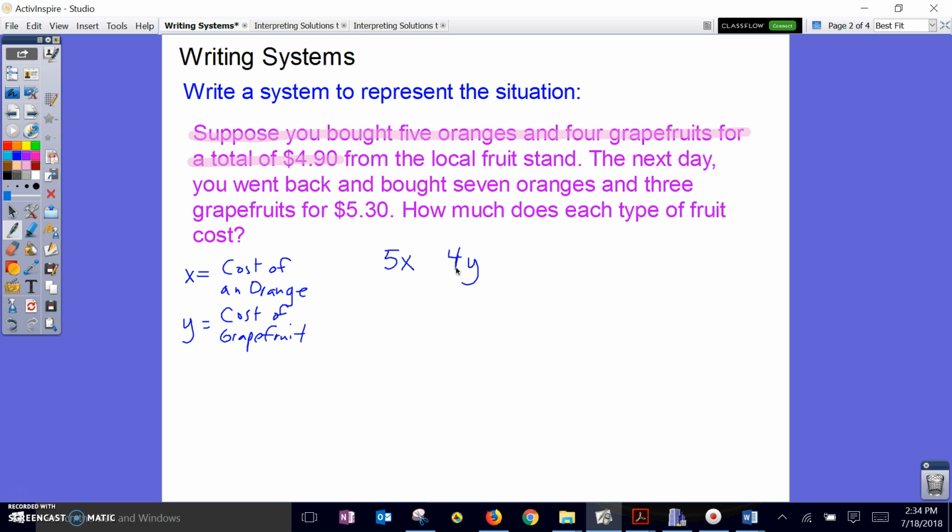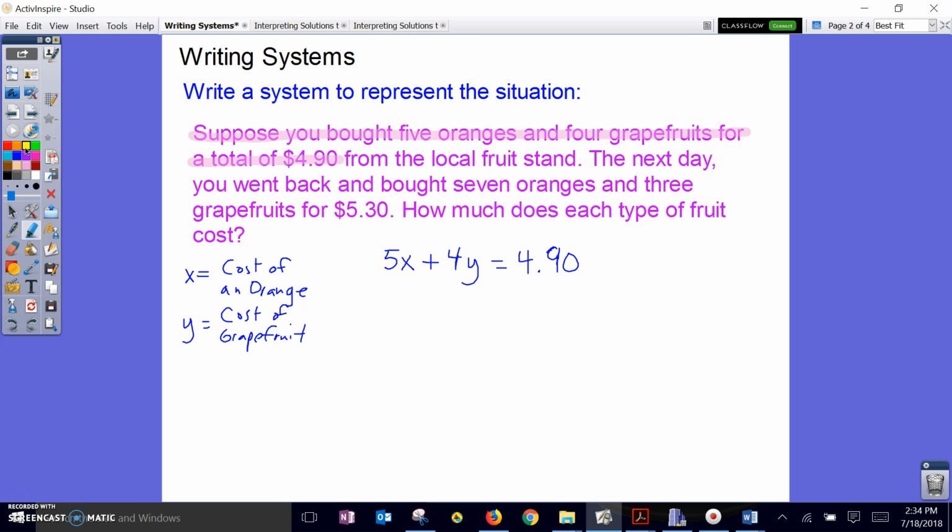Now, what do we do to those two things to get the total cost of everything? Well, we're going to add those together, and that gives us the total cost of the oranges and grapefruits that we bought on the first day. And that's one of the equations in our system.